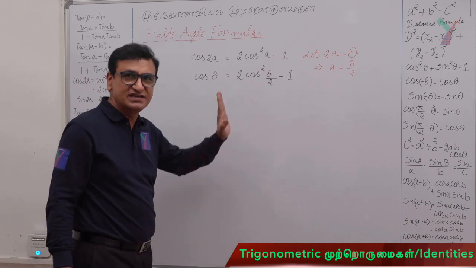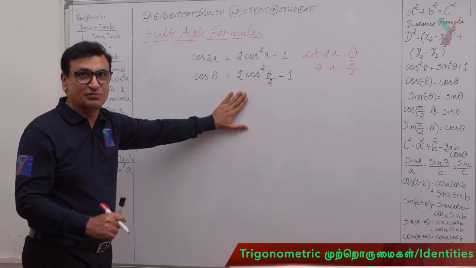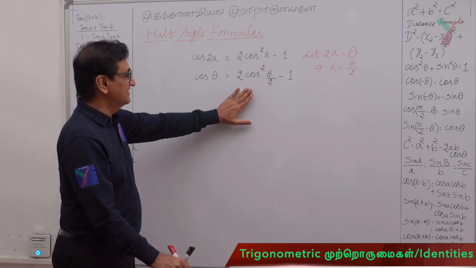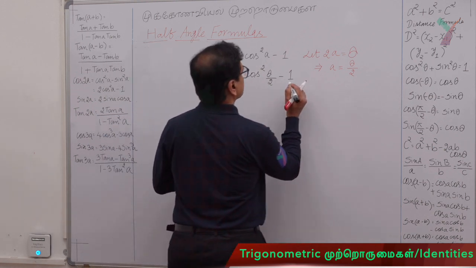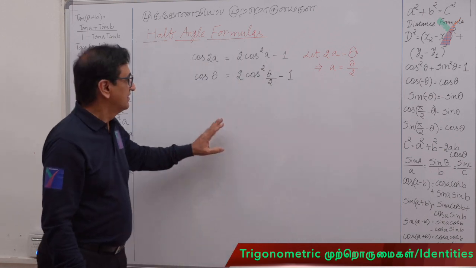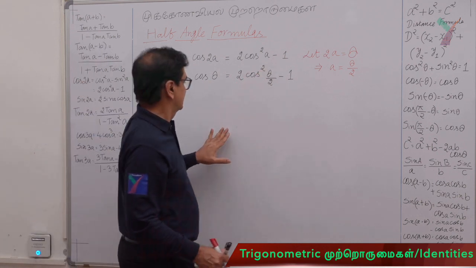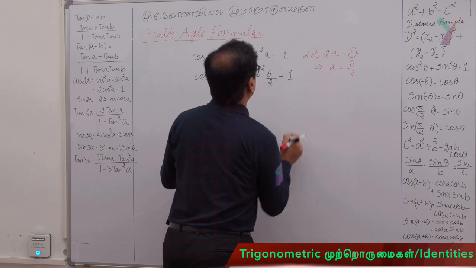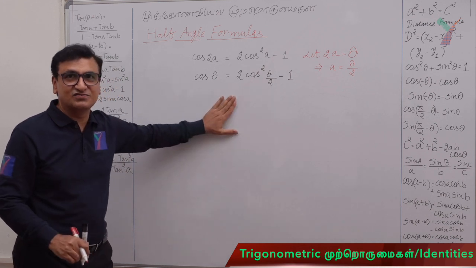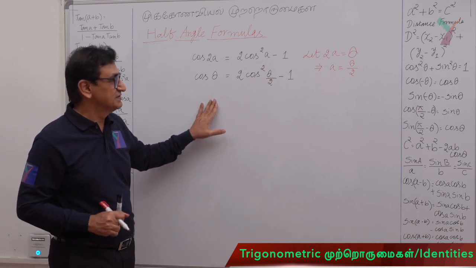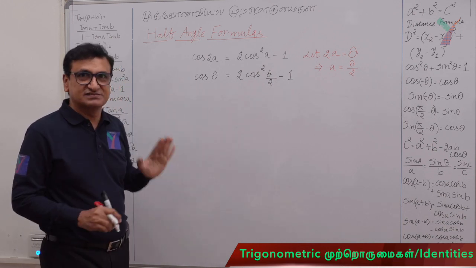And in this equation, cos theta by 2 solve பண்ண, I will have the half angle formula for cos function. இதுல நம்ம cos theta by 2 அது solve பண்ணா we will have one half angle formula for cos. Cos theta by 2 எப்படி solve பண்ணலாம்? Add 1 both sides.